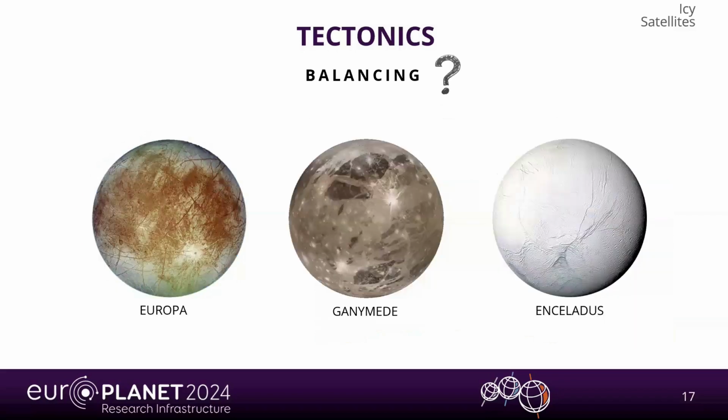On icy satellites, we still have no models, as I said, to explain the global mechanisms of the deformation of their surface. A model similar to plate tectonics has been proposed for the icy crust of Europa, but it cannot explain the tectonics of other icy satellites, for instance Ganymede and also Enceladus.